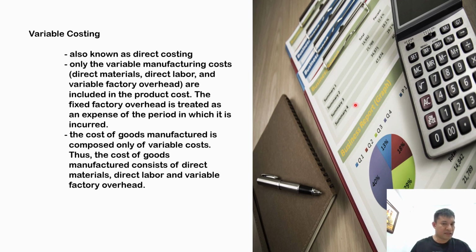The fixed factory overhead is treated as an expense of the period in which it is incurred. Also, under variable costing, the cost of goods manufactured is composed only of variable costs. Thus, the cost of goods manufactured consists of direct materials, direct labor, and variable factory overhead.